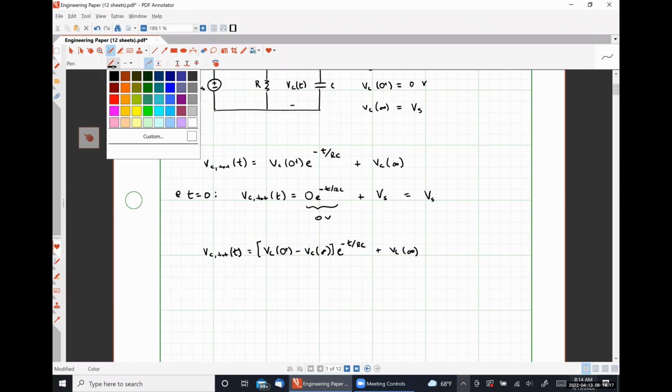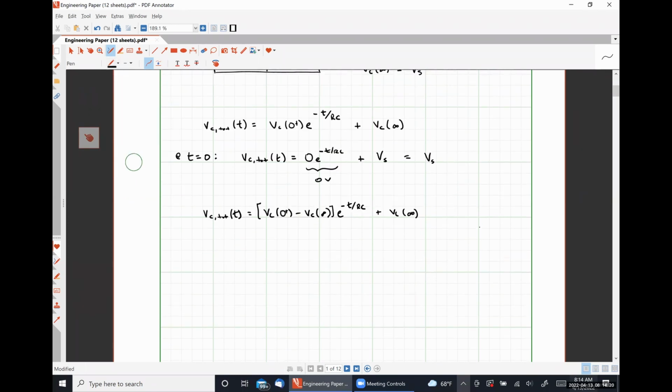So what we would expect to see graphically for our capacitor voltage would be something like this. So this is VC of t, here's t, and we would observe something that looks like that, where we start at 0, settles at Vs.